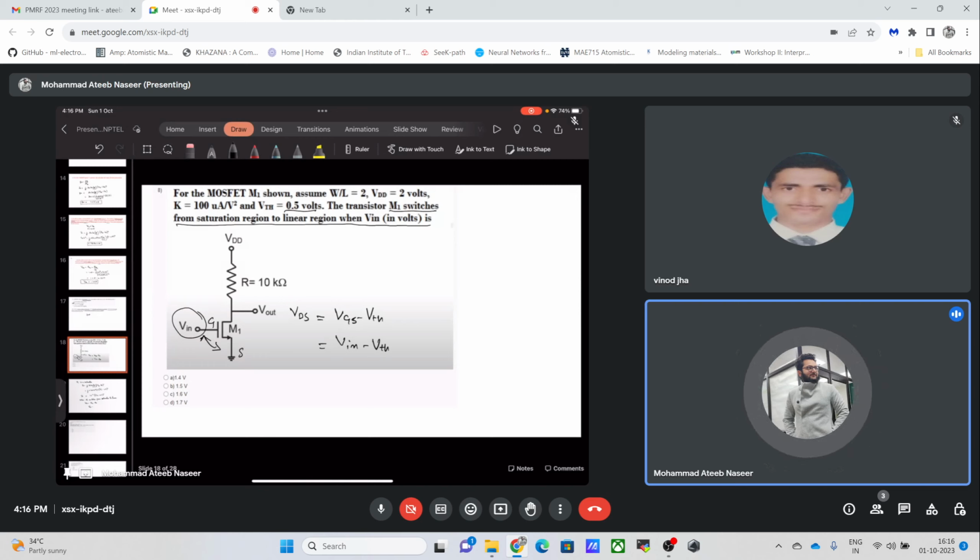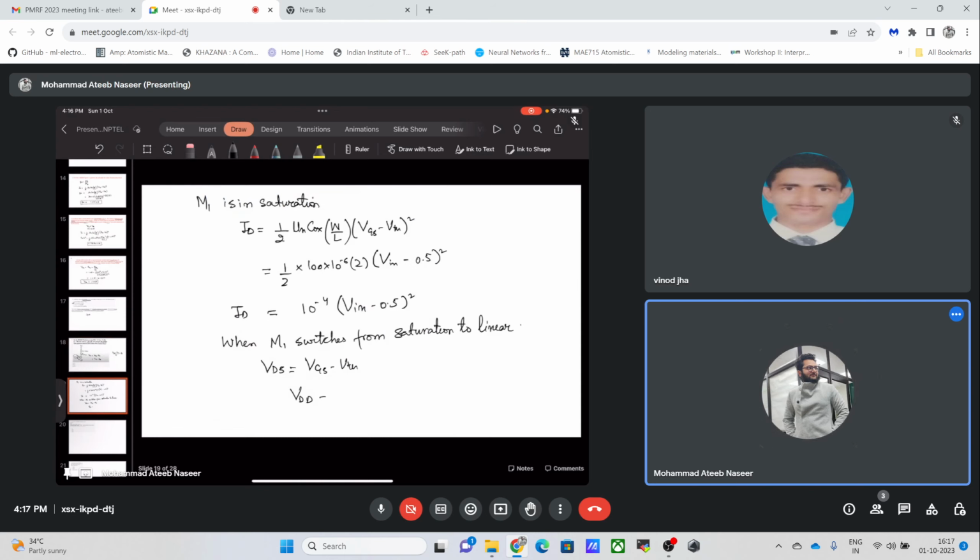So VDD minus Vout divided by R is the ID. Since it is in series, this would be the current flowing into the drain. So I would simply say VDD minus (Vin minus VTH) is equal to ID times R.